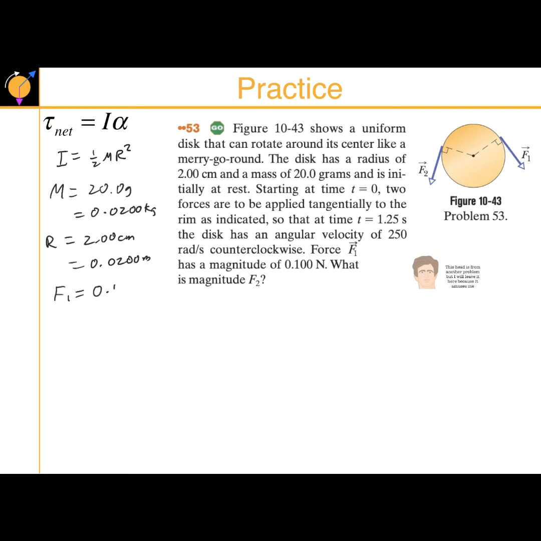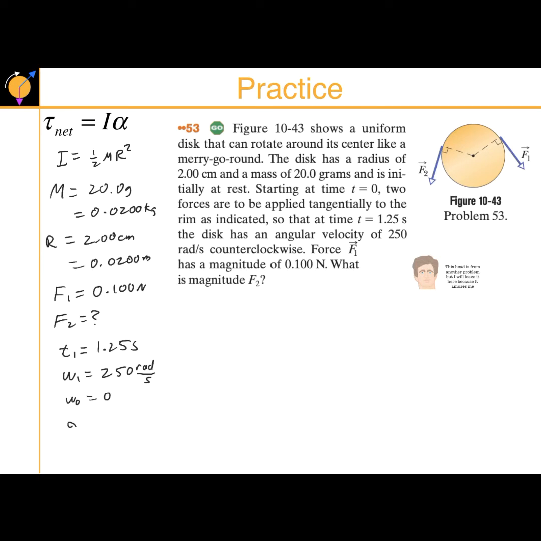It's 0.100 newtons. And F2 is the one we're trying to find out. And we know that at t1 equals 1.25 seconds, so after 1.25 seconds of acceleration, the angular velocity is 250 radians per second, which we're assuming starts from rest.